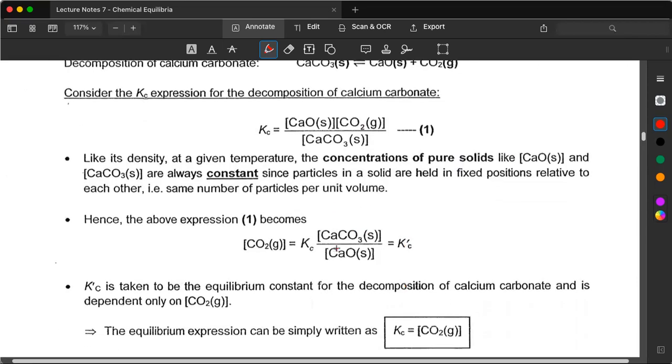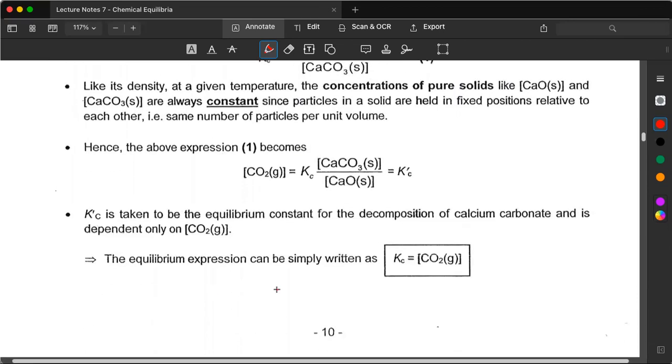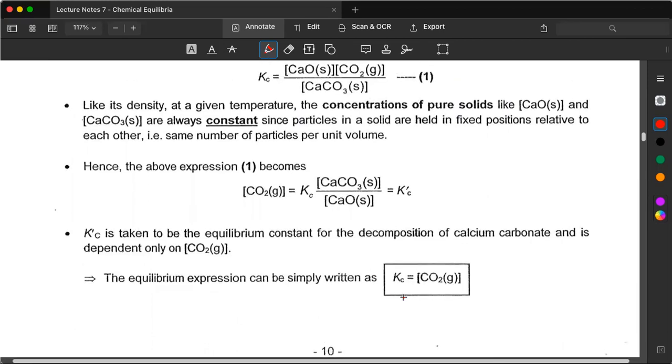Because these two are constant, you can multiply with them to form a new constant. So we have a new equilibrium constant that is inclusive of the concentrations of the calcium carbonate and calcium oxide, which are solids, because the concentration of a pure solid is always the same. So you can rewrite it to be Kc is just equal to [CO2].